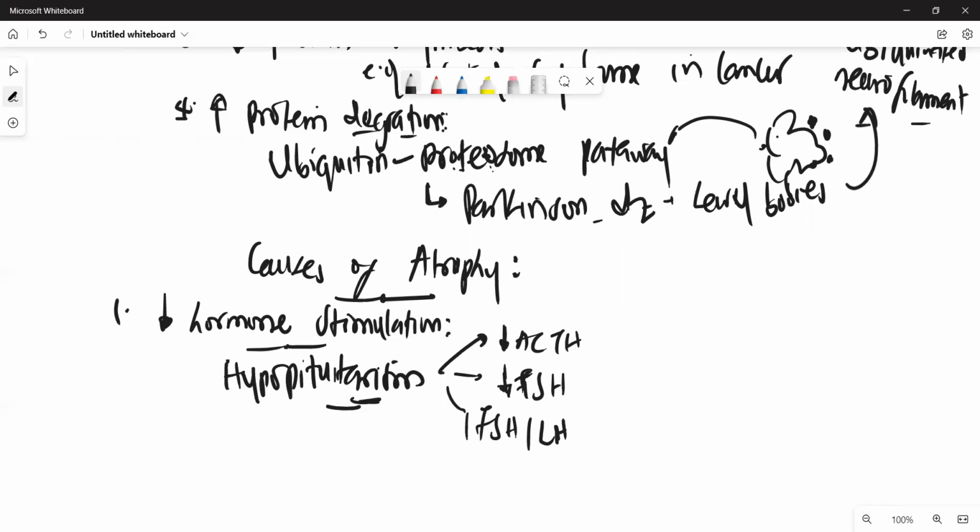So all these hormones will be decreased, and the target organ will not be stimulated, and what will it do? Atrophy. So there will be atrophy of the adrenal gland, atrophy of the thyroid gland, gonads, and so on and so forth.